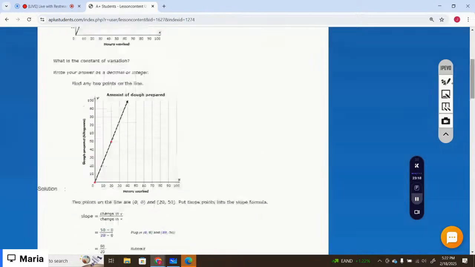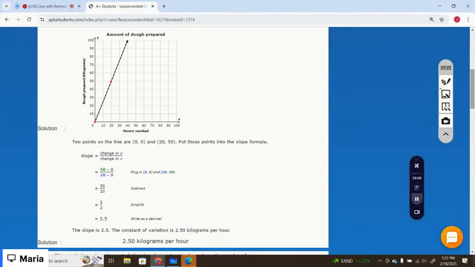You have to find a constant of variation. You can select any 2 points on the graph. Basically, you have to calculate the slope. Slope is equal to change in y divided by change in x. That is 50 over 20. The slope is 2.5.